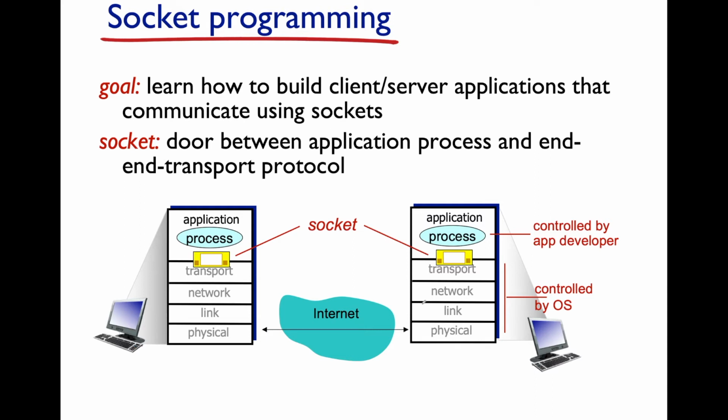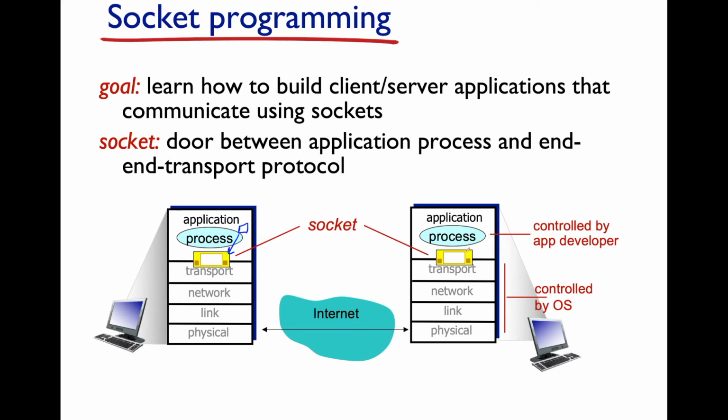And so if the application on the left-hand side pushes a packet into its transport layer, so let's call that the outbound direction, that packet gets sent to and delivered to this socket on the other endpoint of the communication, this host or end system on the right-hand side of the slide.